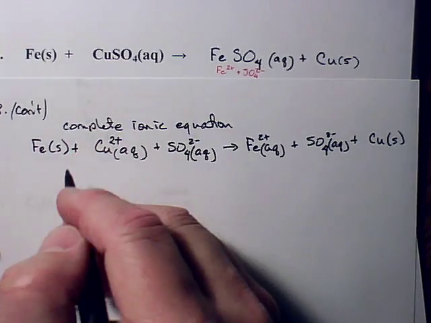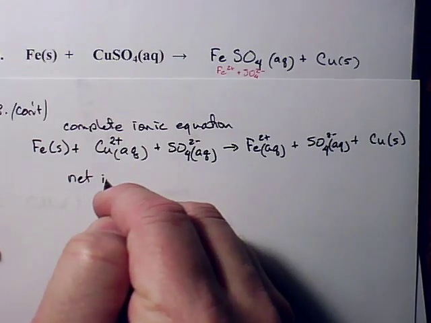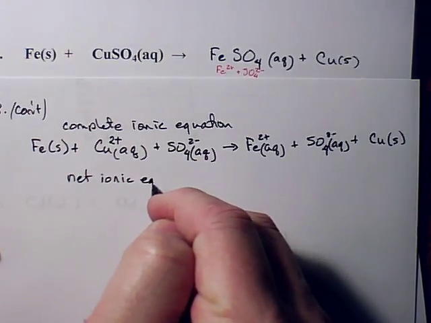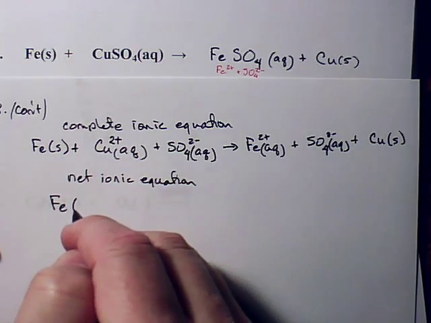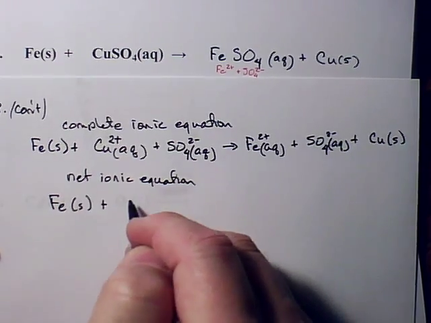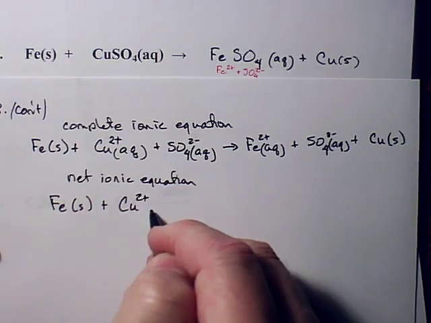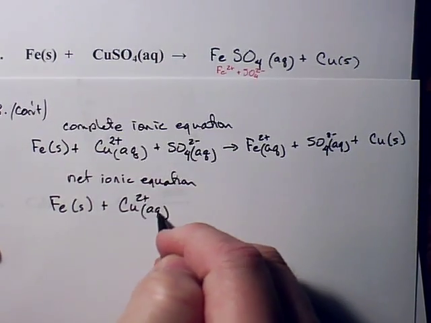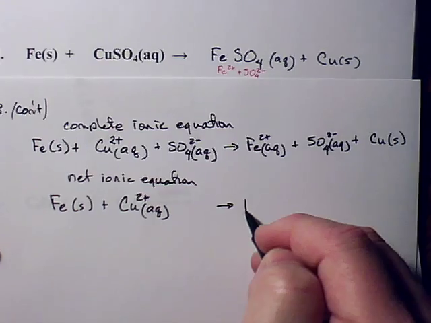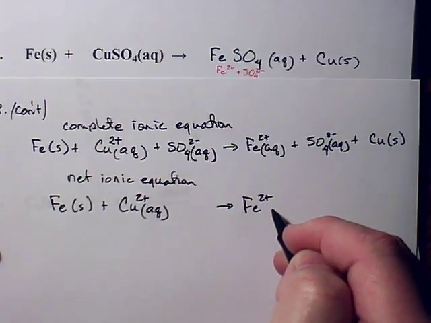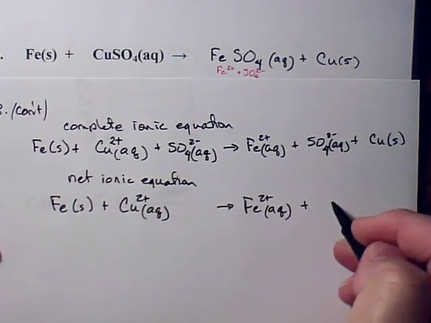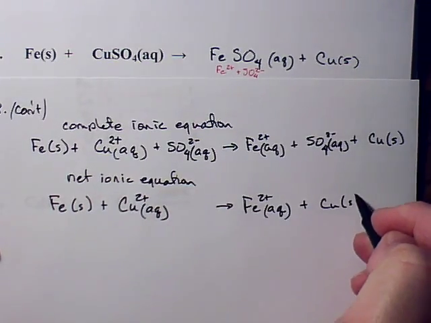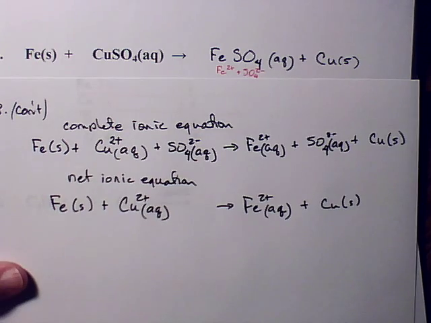So that's the one we're going to get rid of for our net ionic equation. So that's going to be iron solid plus copper 2 plus dissolved in water. And then we're going to have iron 2 plus dissolved in water over here on this side. And copper solid on this side. Okay? And that's your net ionic equation.